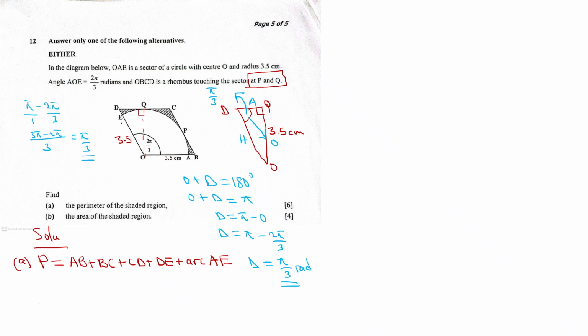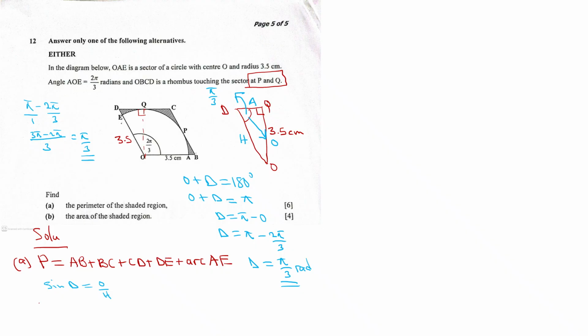So which ratio can we use to calculate the hypotenuse, which is OD? Based on the angle we have just calculated, pi over 3, for this question we are going to use the sine ratio. Sine of the angle at D is equal to the opposite over the hypotenuse, because we have the opposite side.